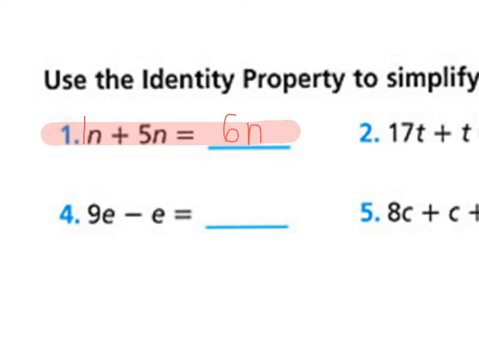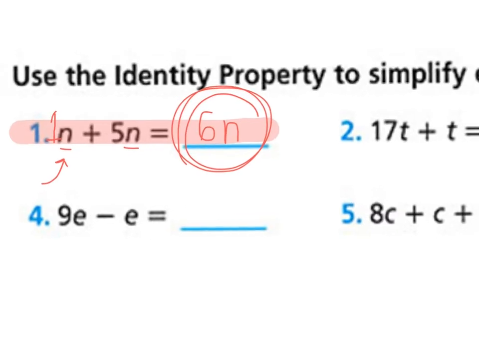That seems like pretty simple addition. The answer is okay to have an n in it. There's nothing that tells you what that n is, and so I can leave it in the answer. If I ever have an n or any other letter that's standing all alone, I can put an imaginary 1 in front of it.